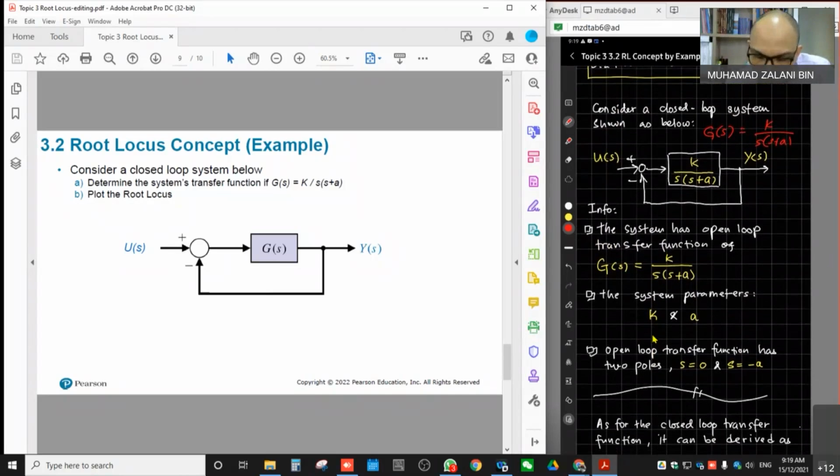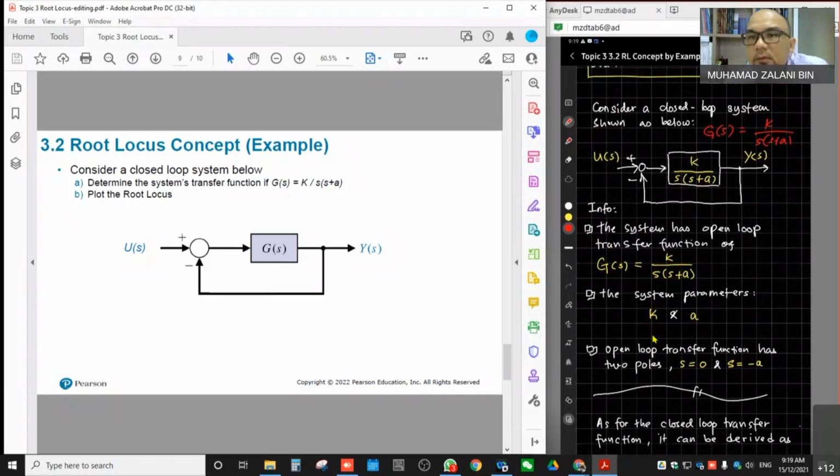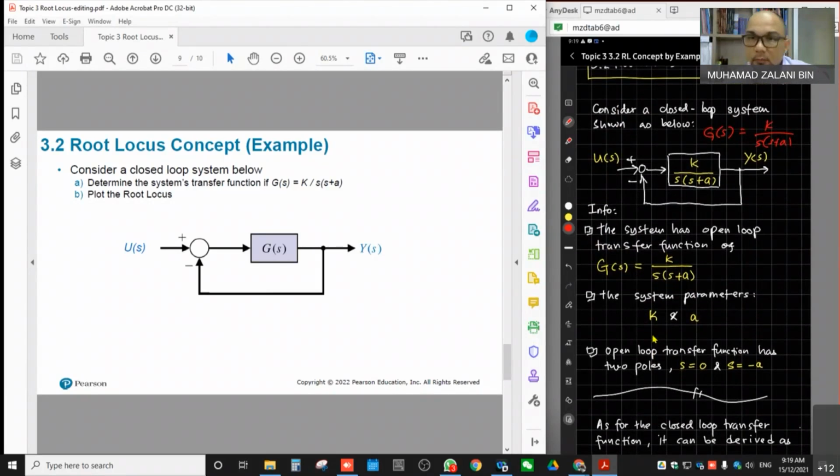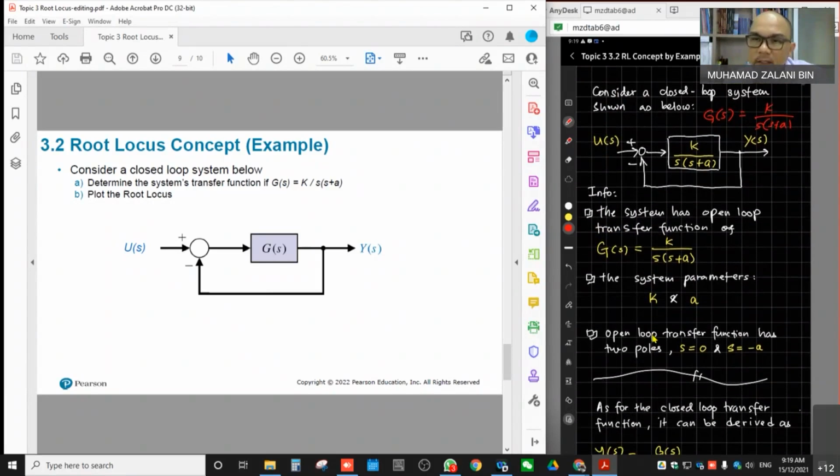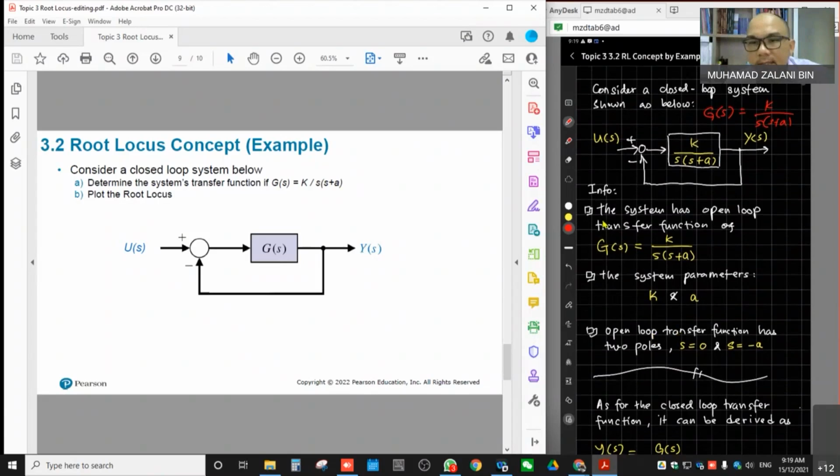If you have a look at this block diagram, we can say that the system has the open loop transfer function G(s) equals K over S plus A, meaning that the open loop transfer function is this part, the upper one.